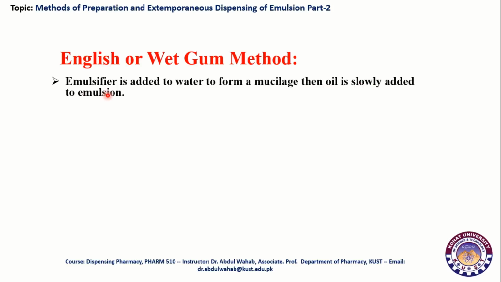While in the case of dry gum method, the acacia or emulsifying agent is added to the oil and then water is added. But in this case, the acacia is added to the water to form a mucilage. Then oil is added to form the emulsion.